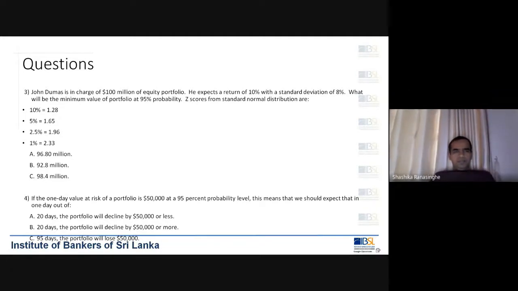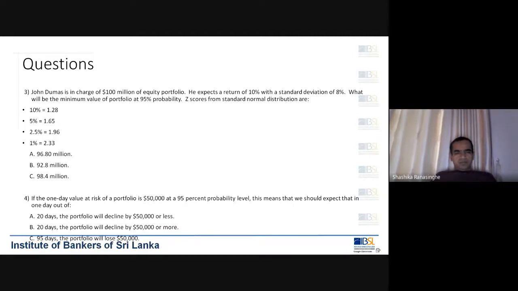Portfolio value is 100 million. Let's use 1.65. The value at risk comes to 3.2 million.